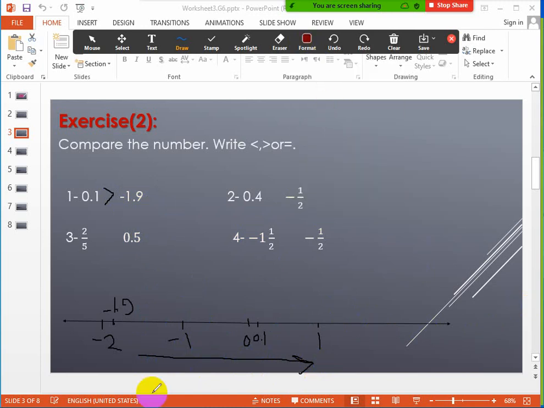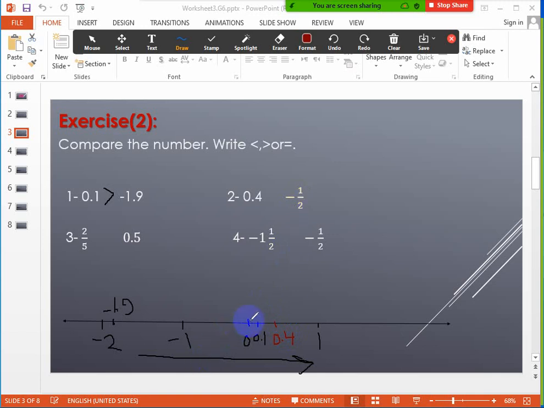Lina, open the mic. Yes, 0.4 will be on the right side of 0. Between which two numbers? Very good. If you divide the same distance into 10 equal parts, it will be after 4 parts of 0. So, what about negative 1 over 2?